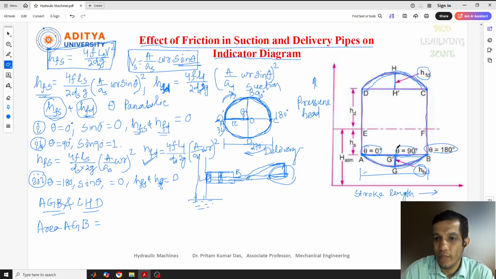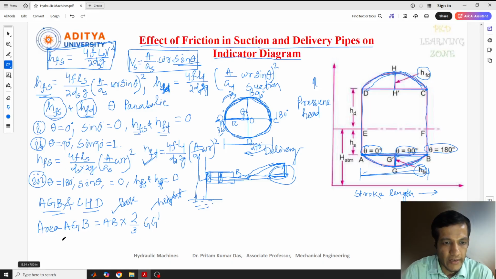What is the stroke length? The stroke length, that means AB, into 2 by 3 GG dash. That is nothing but area equal to 2 by 3 into base into height. This is the base, and this is the height. How much height, we don't know yet.